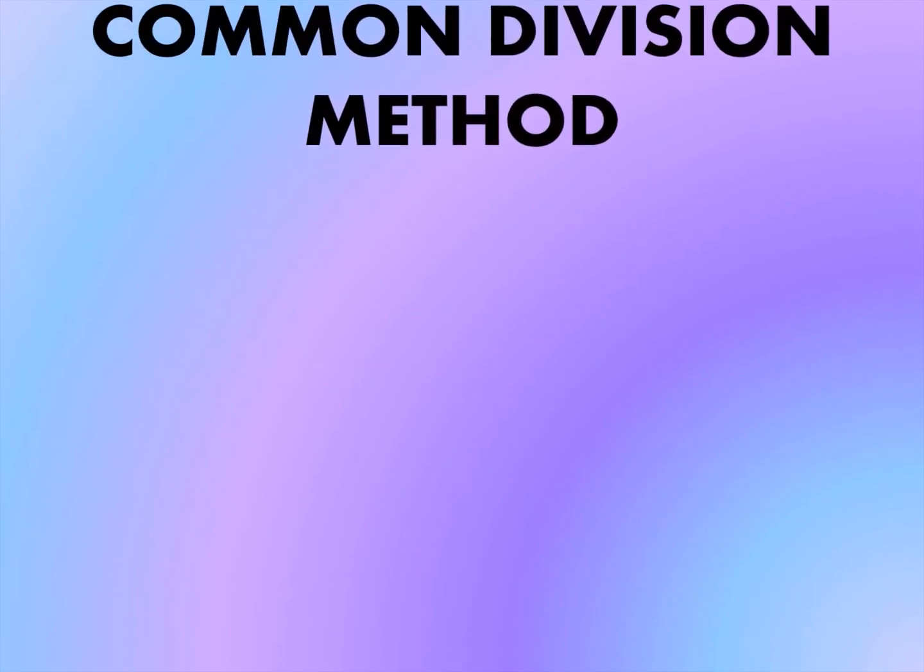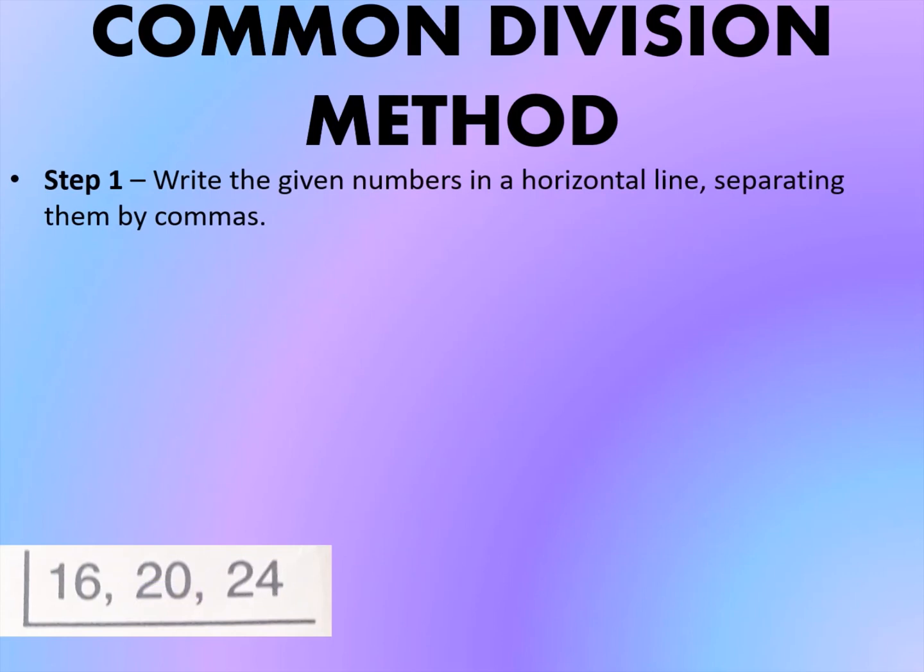Now let's learn about common division method to find LCM of the given numbers. Step 1. Write the given numbers in a horizontal line separating them by commas as shown in the picture below.